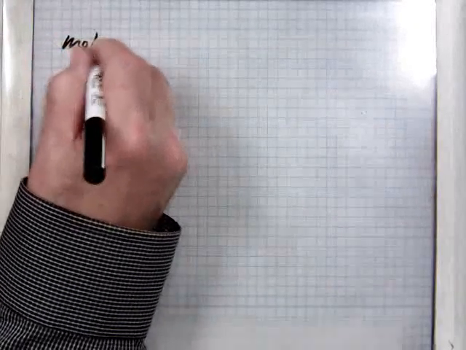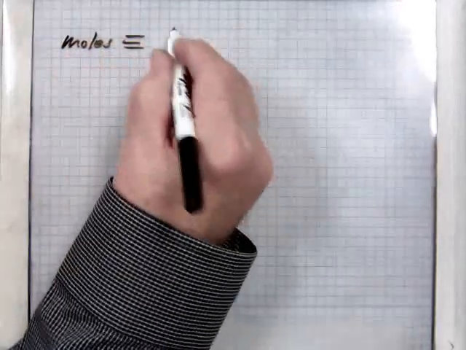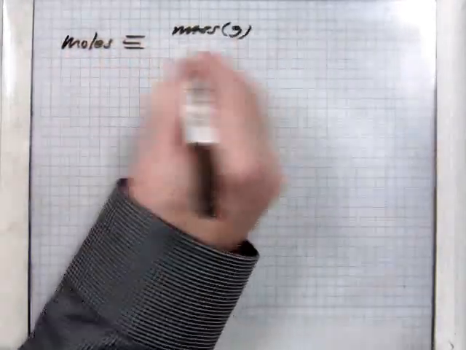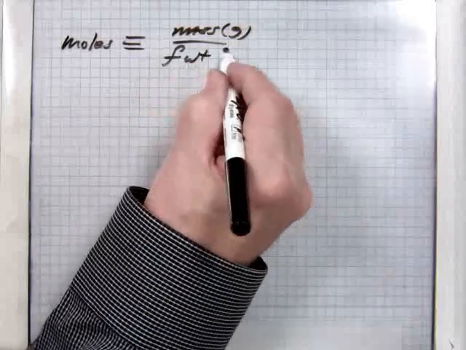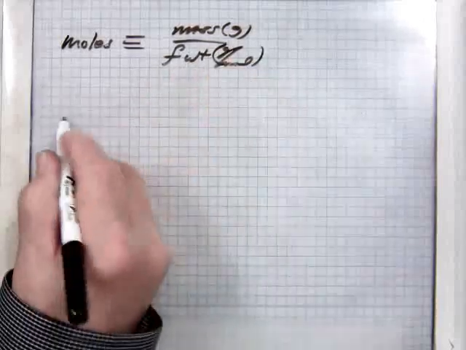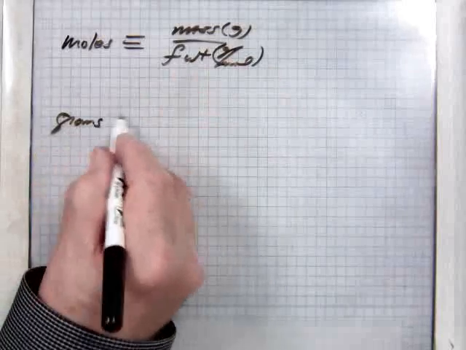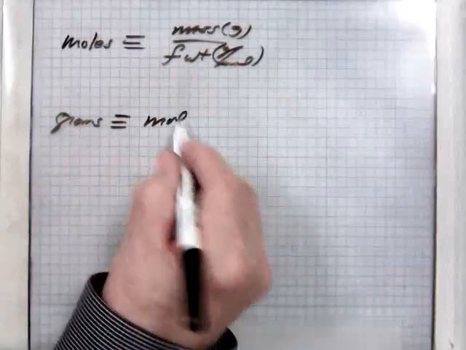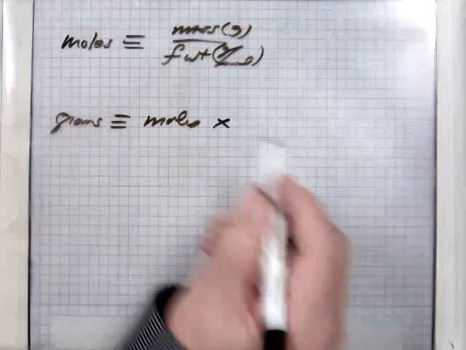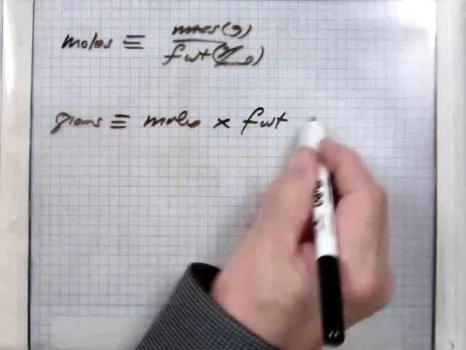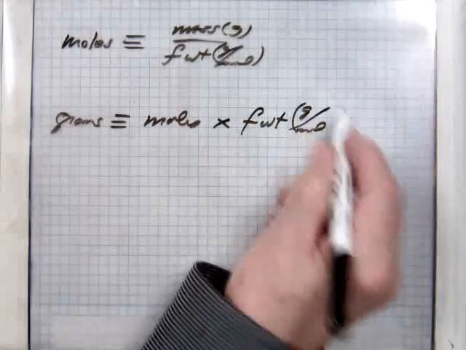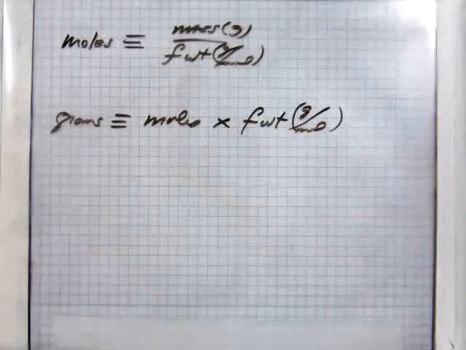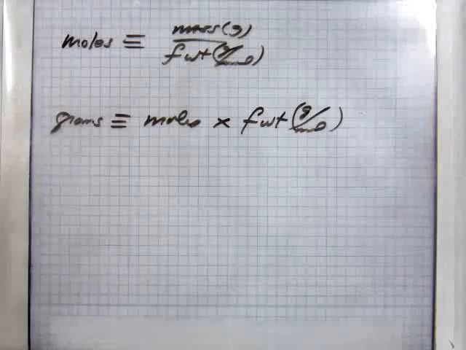Moles, by definition, is mass in grams divided by formula weight, grams per mole, and grams is moles times formula weight, grams per mole. Like that. And red line, critical that you memorize that and learn to respond to it. And by the time we finish today, hopefully you'll be able to do that.